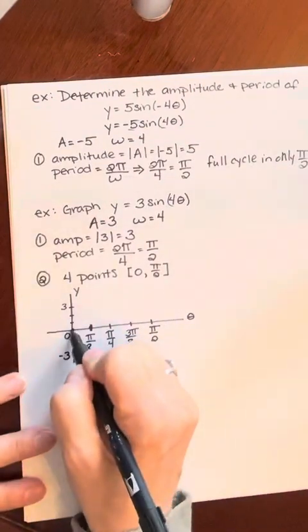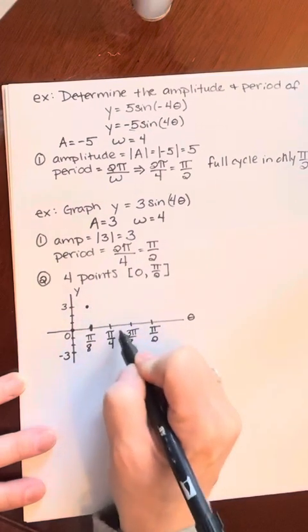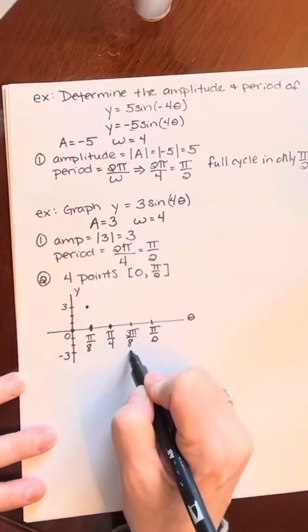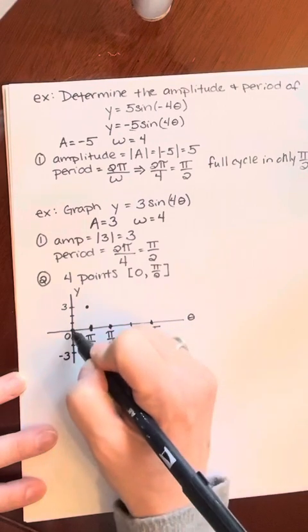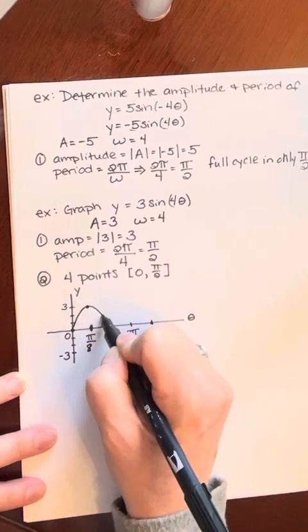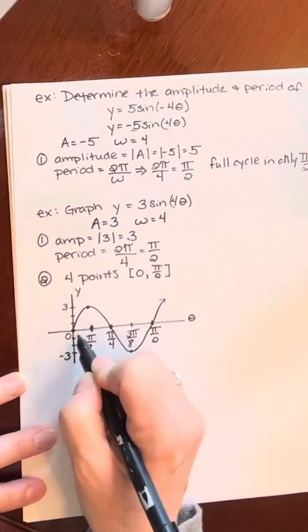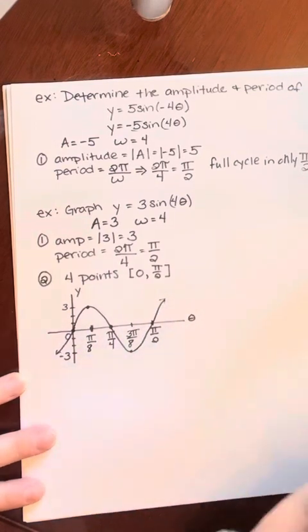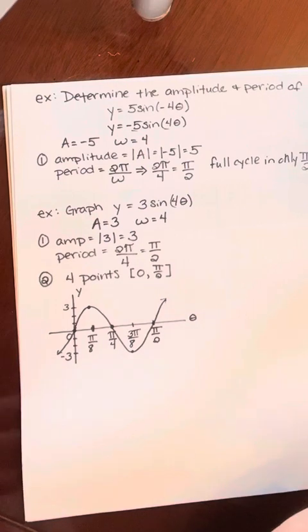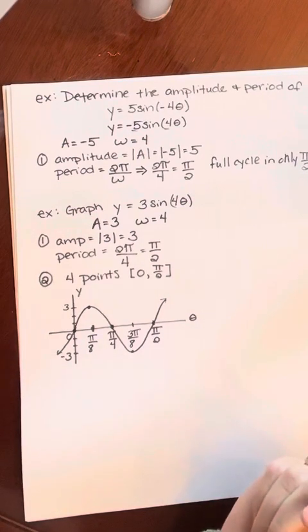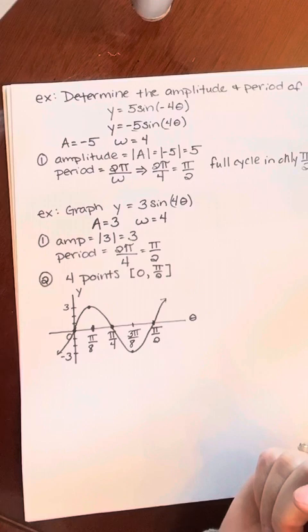We start at 0, we hit our max, back to 0, we hit our min, back to 0. Alrighty, and then it continues on in both directions. So that is our sine wave. Congratulations, you just graphed your first trigonometric function.